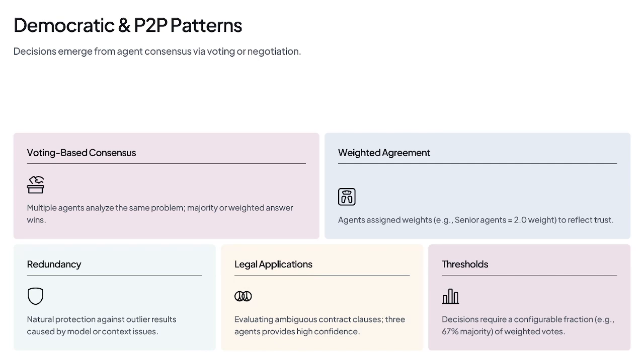So let's move to section 3.4, where we have democratic and peer-to-peer. From the word democratic or democracy, which is defined as government of the people, by the people and for the people, the agent decision emerges from agent consensus via voting or negotiation.